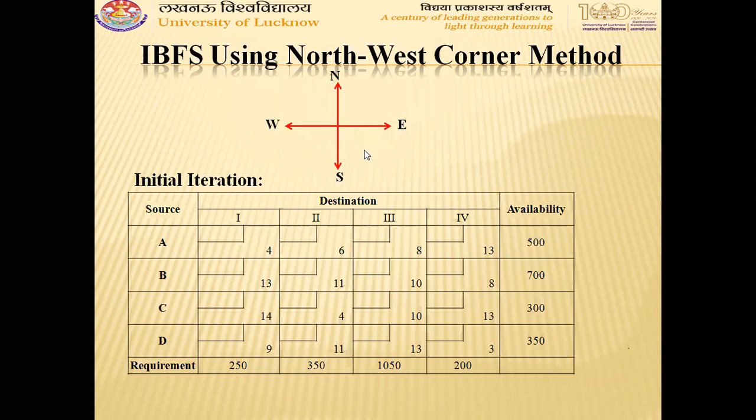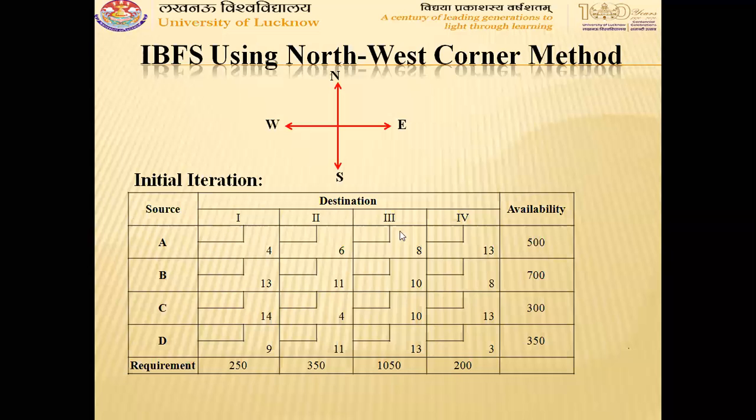If we put this diagram on the table, then we obtain that this corner is the northwest corner of the transportation problem. We will not consider it; we will consider the corner from which we have to start allocation. So from this point we have to start the allocation. It is the northwest corner of the transportation problem.